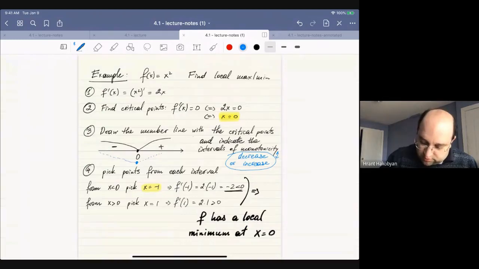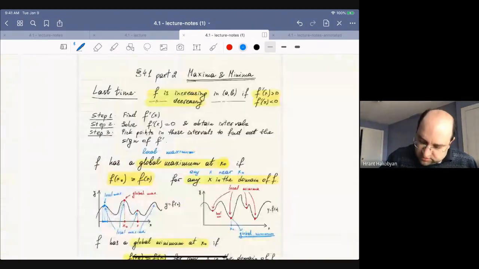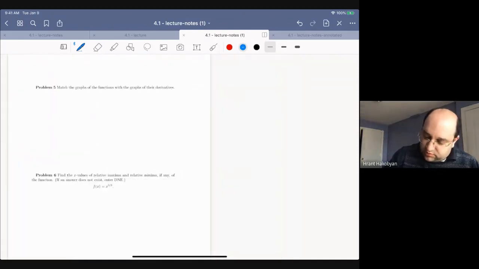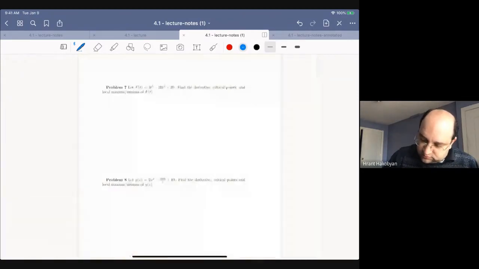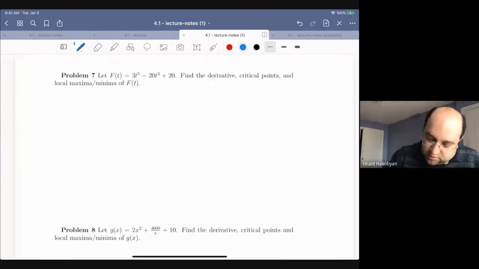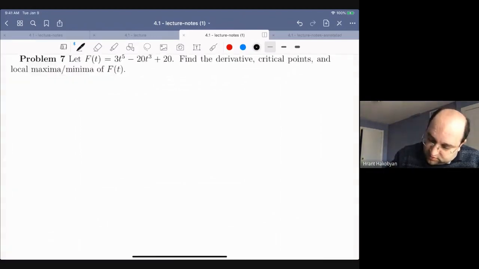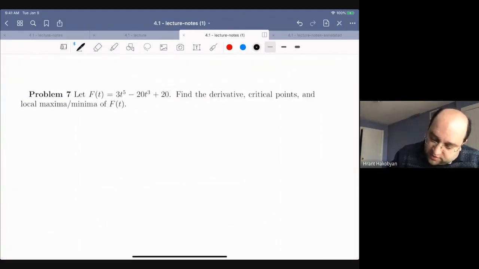I don't see any questions, so I'm going to do problem 7. It's very similar, so I'm going to do it a little fast. Here is my function. I'm going to find the derivative, critical points, and maxima and minima of the function.